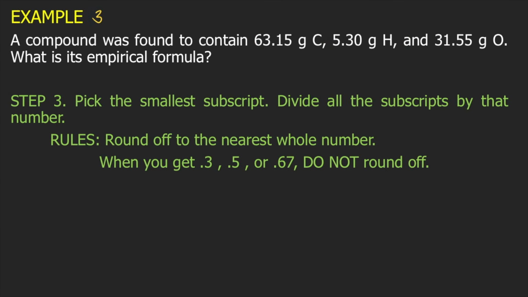Let's copy what we got from the previous slide: C 5.26, H 5.26, and O 1.97. We pick the smallest subscript, which is 1.97, and you divide all the subscripts by 1.97.